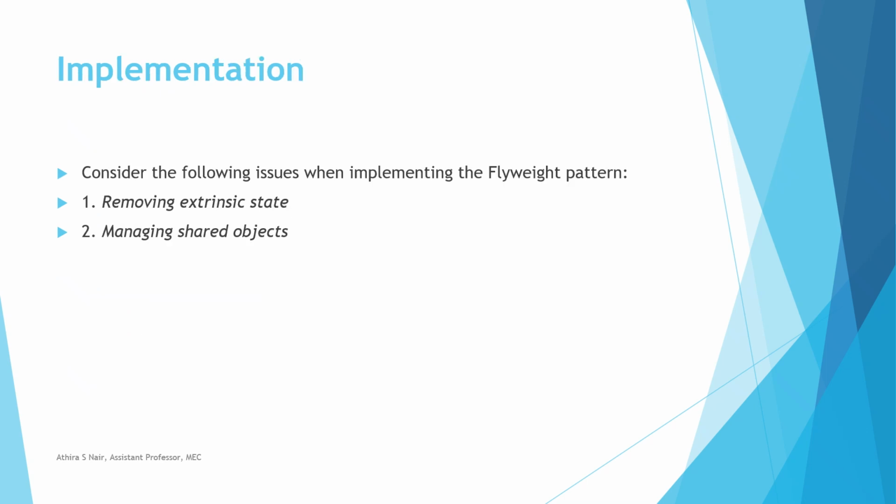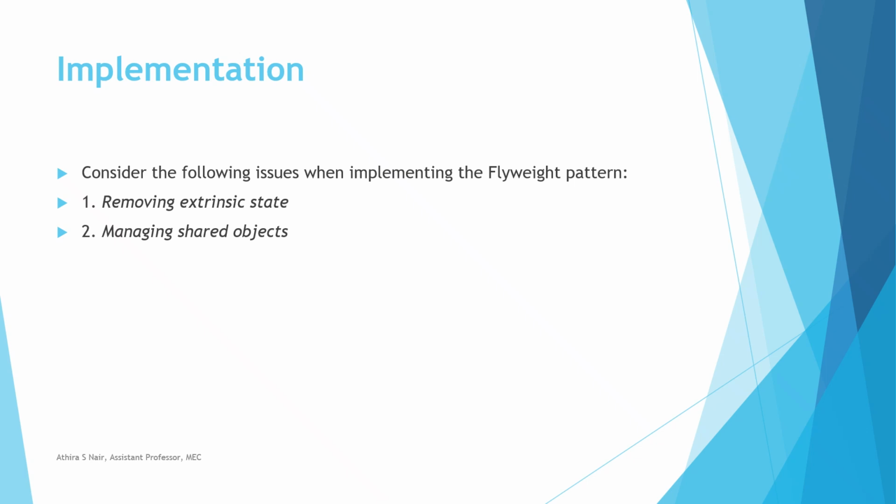So we have to consider these issues when implementing the flyweight pattern. The pattern's applicability is determined largely by how easy it is to identify extrinsic state and remove it from shared objects. So removing extrinsic state helps to reduce storage cost if there are many different kinds of states.